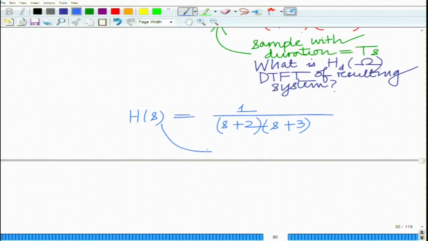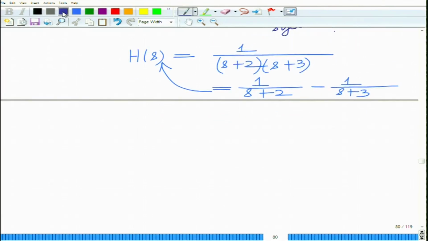And therefore, now if you express this in partial fractions, I will have 1 over s plus 2 minus 1 over s plus 3. And considering a causal system, we have the corresponding inverse Laplace transform e raised to minus 2t u(t) minus e raised to minus 3t u(t).